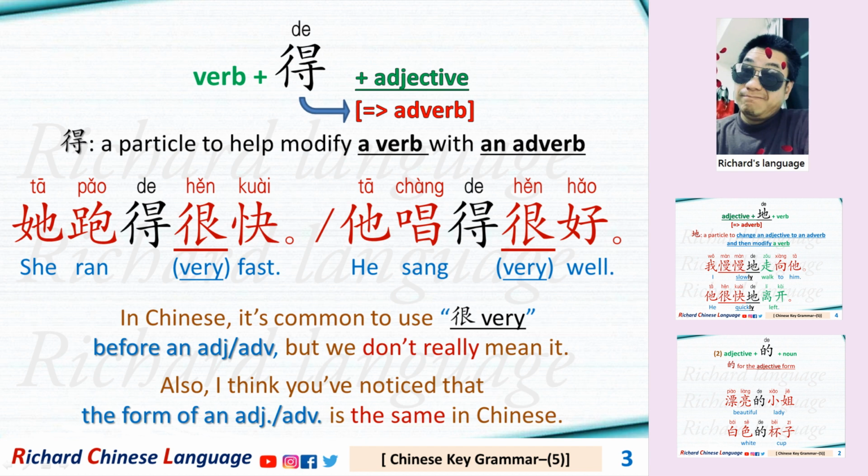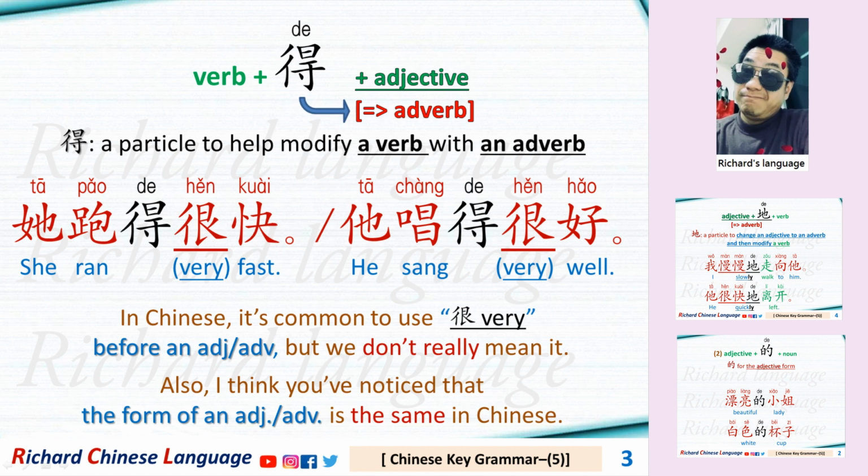Okay, and now let's talk about 得. And here, 得 is a particle to help modify the verb with the adverb. So our sentence pattern would be a verb plus 得 plus an adjective, but actually the adjective is an adverb.